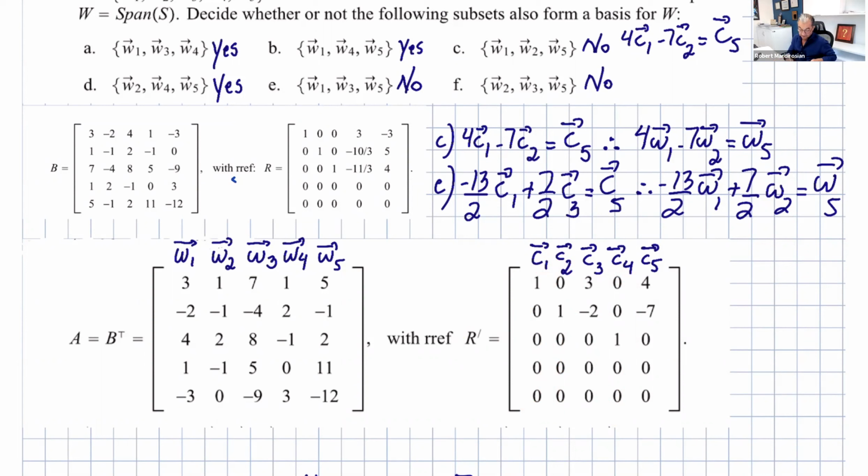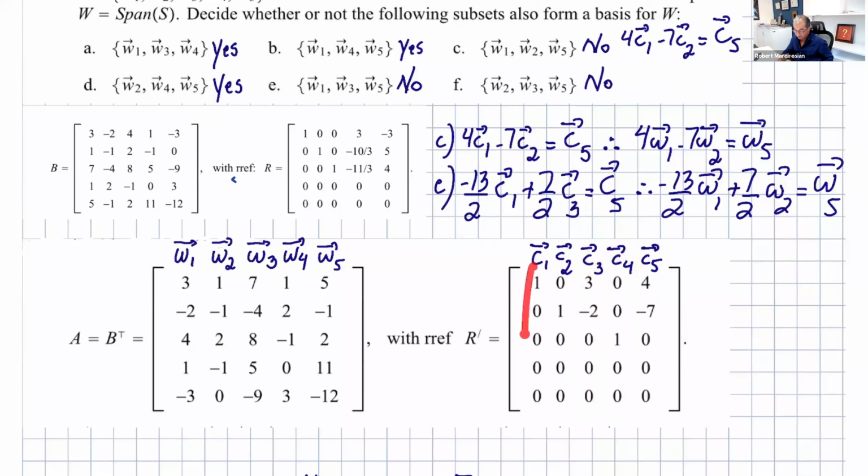Let's double check. Part A is asking for W1, W3, and W4. It's pretty simple to see when you look at the RREF. We want to know if C1, C3, and C4 are linearly independent. If you check those, there's no way you can write C4 as a linear combination of C1 or C3, or write C1 as a linear combination of C3 and C4.